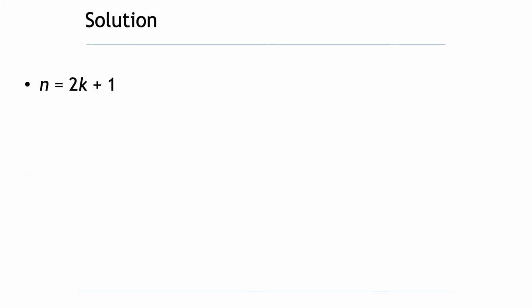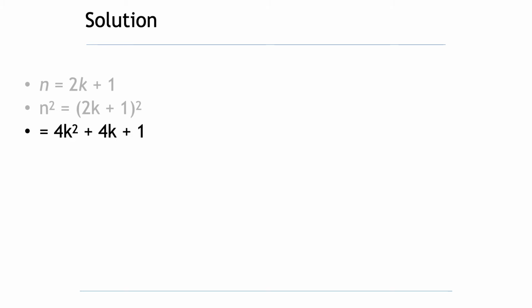So we have our first equation. Because n is odd, then there exists a certain k such that n equals 2 times k plus 1. If we square both sides of this equation, we get n squared equal to 2 times k plus 1, squared. Okay, now we can say that the right side of the equation is 4k squared plus 4k plus 1.